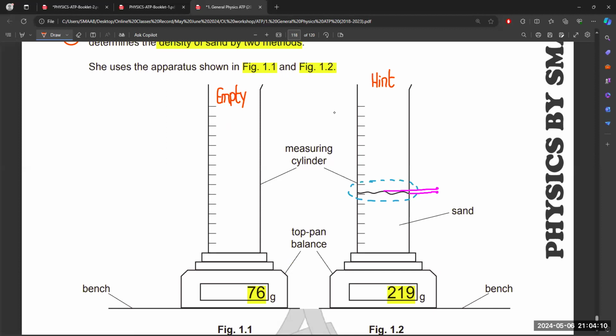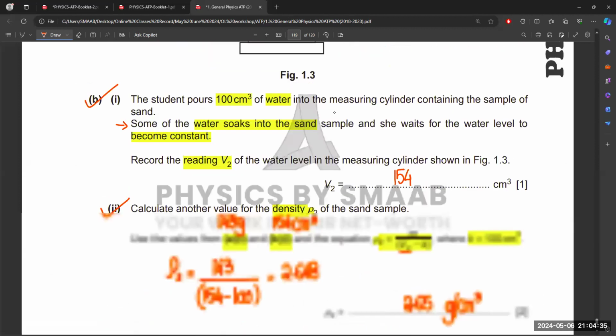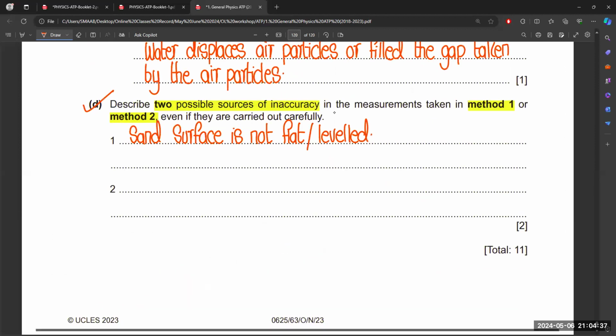In that, all these types of precautions are already given for measuring instruments, for meter rule, for ammeter, for voltmeter. So from that file, you will get some ideas about what points to write in the suggestions, or what gives the chance of inaccuracy. When you solve questions and read that file, you will get more idea of how to write the points in this type of question.